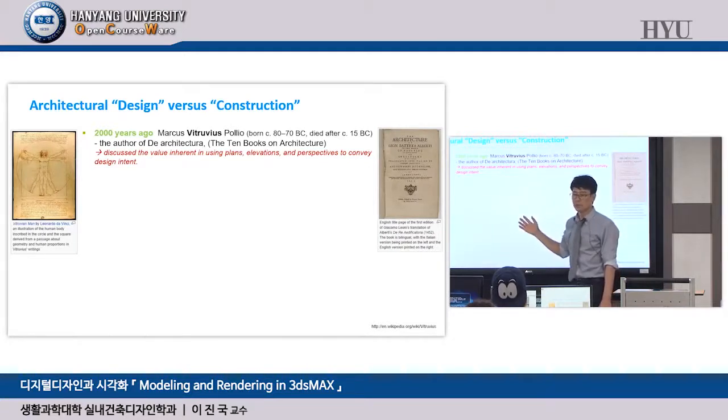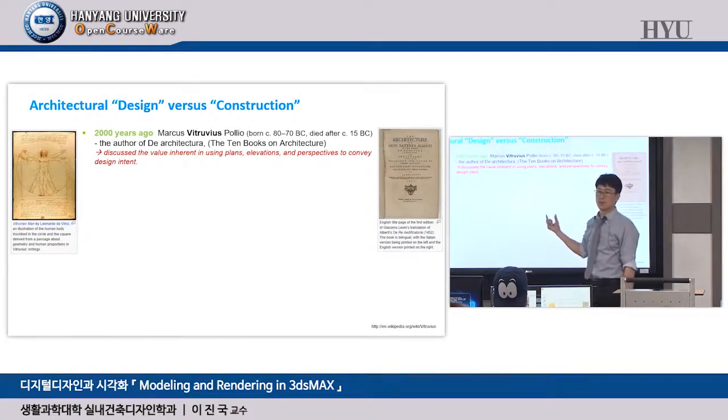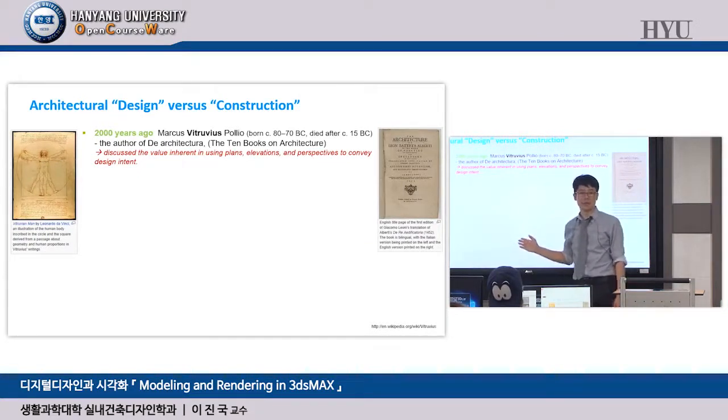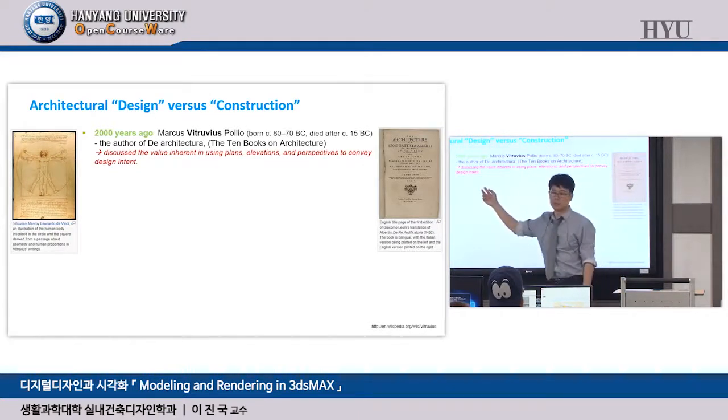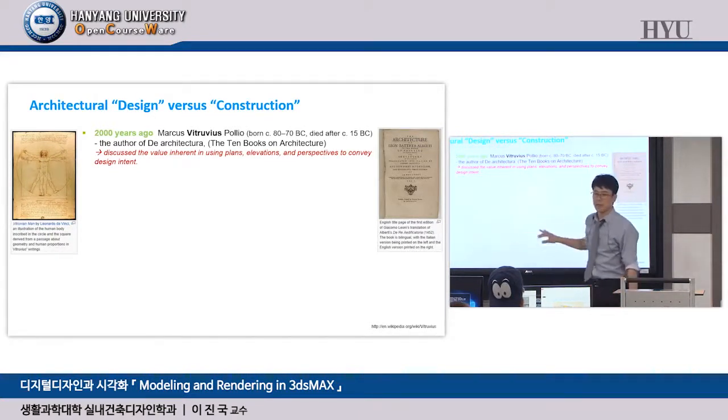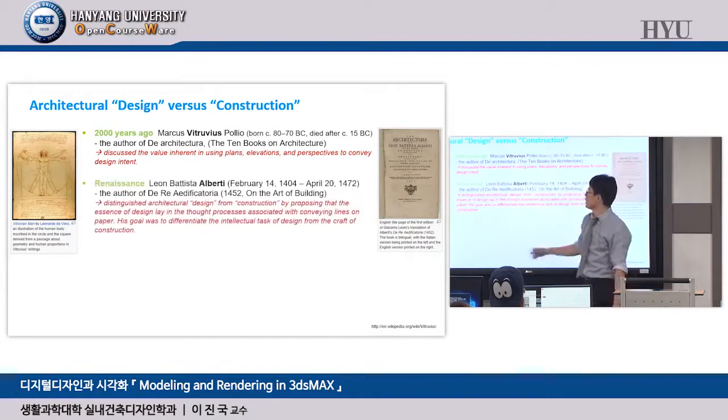He invented floor plan, elevation, section, something like standardized drawings in the architecture domain, okay? So-called plans, elevations, perspectives to convey design intent. Very typical types of drawings invented by Vitruvius, okay, 2,000 years ago.